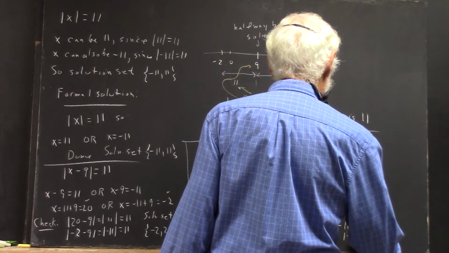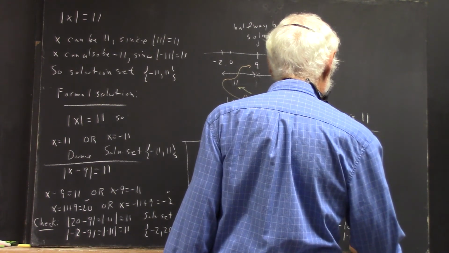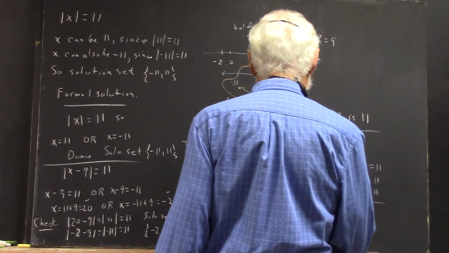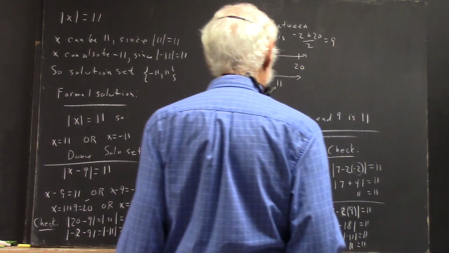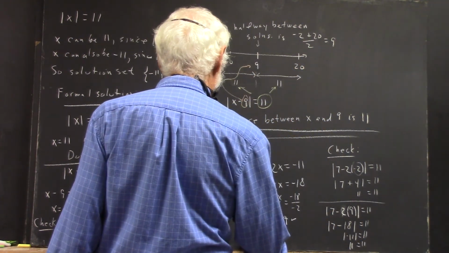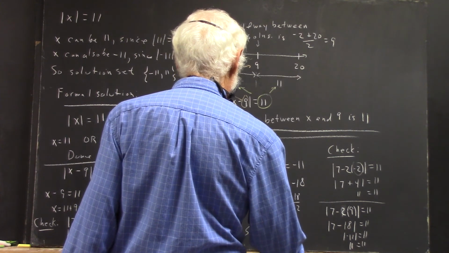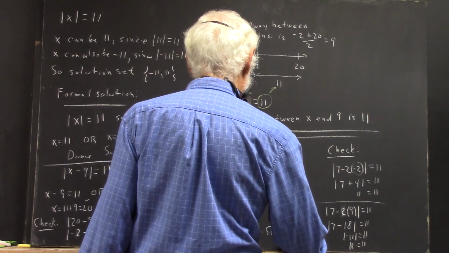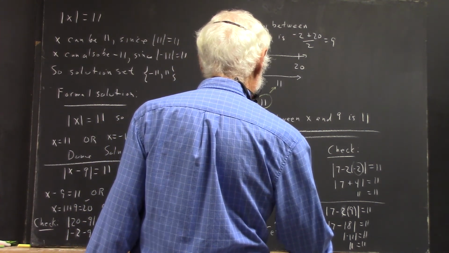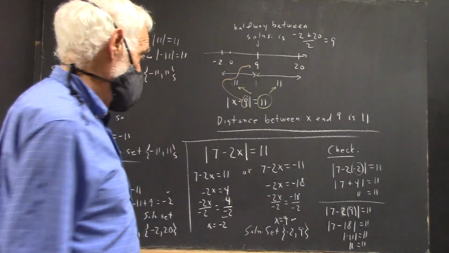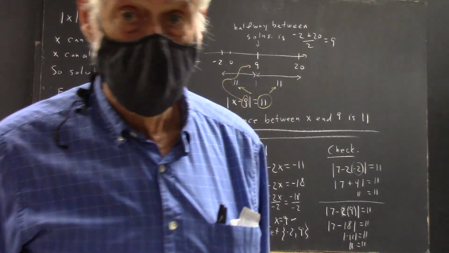Absolute value of negative 11 equals 11, so 11 equals 11. And that checks the 9. So now our solution set is negative 2, 9. Okay?